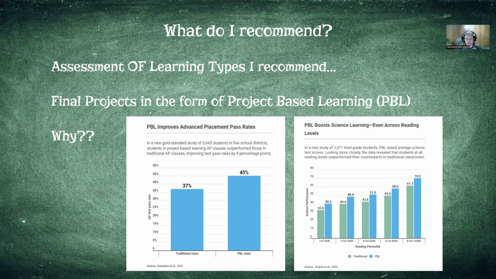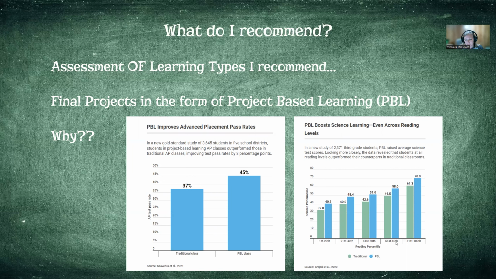Final projects in the form of project-based learning, or commonly known as PBL. PBL improves advanced placement pass rates. Whether you are in AP classes or not, it will improve your reading levels, especially, look, even in science.